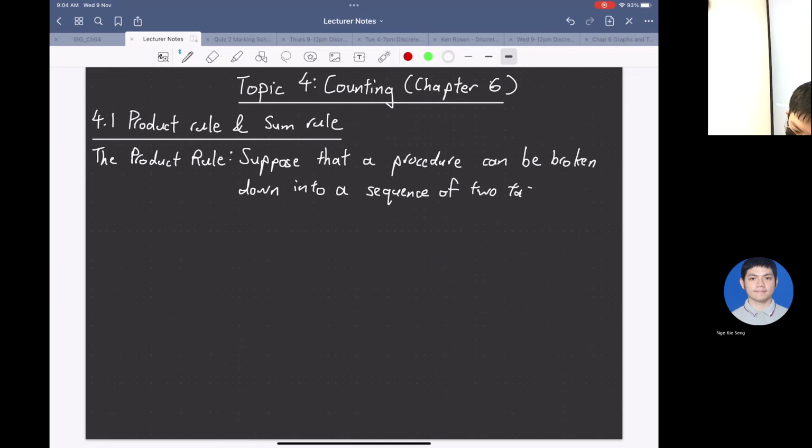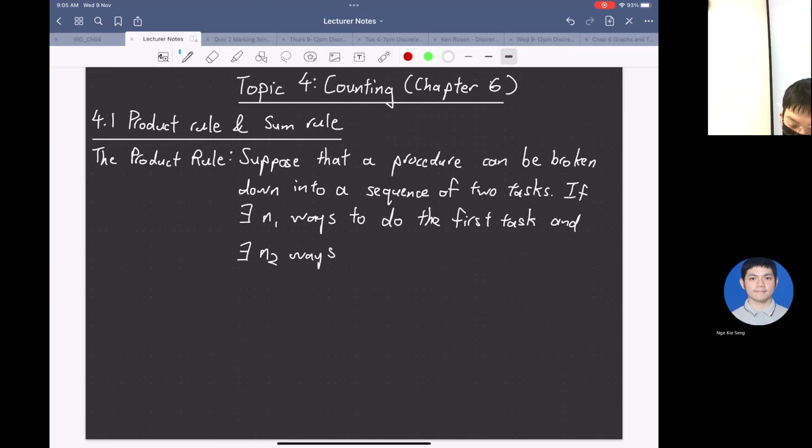If there are n1 ways to do the first task, and there are n2 ways to do the second task, then there are n1 times n2 ways to do it.